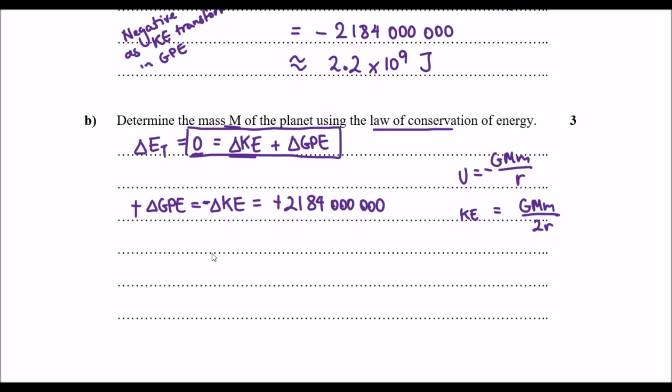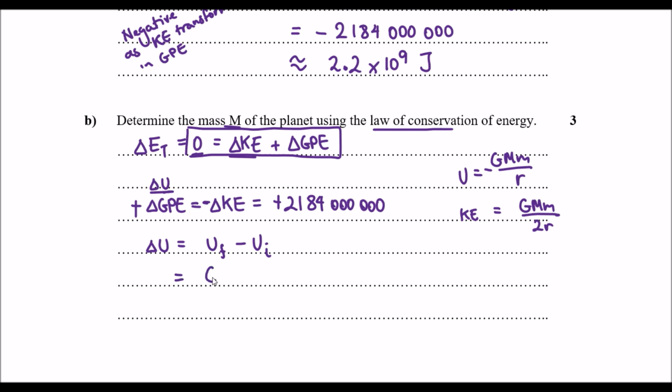Just for our own benefit, I'll use delta U to represent change in potential. So we have change in U equals the final value of our potential minus the initial value of our potential.